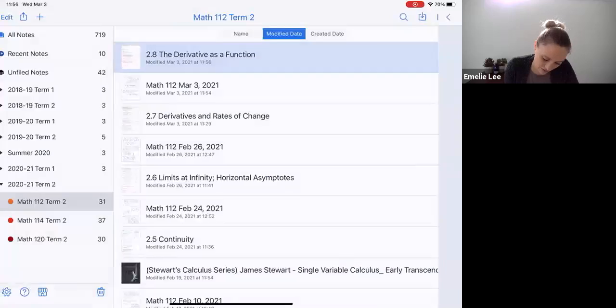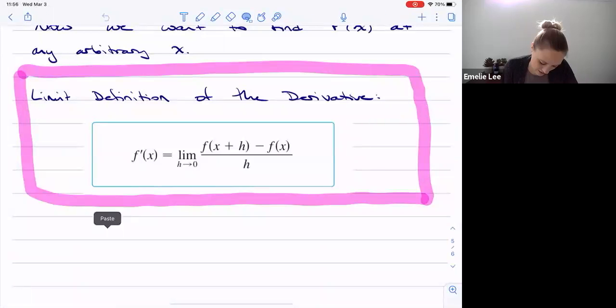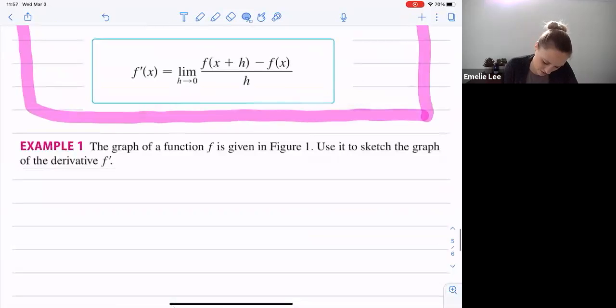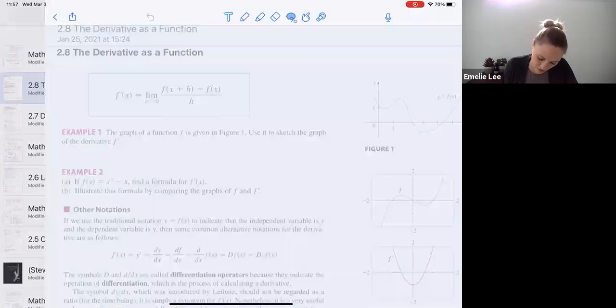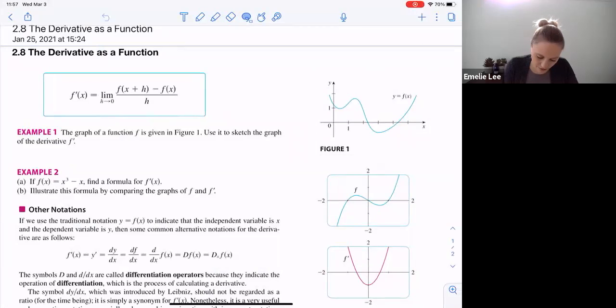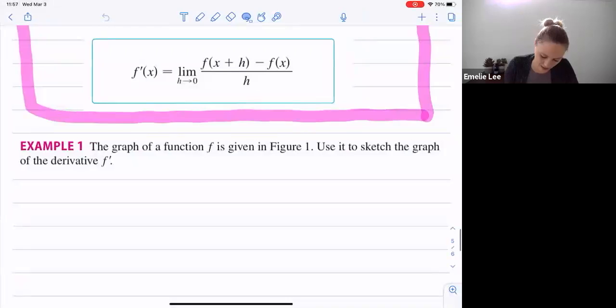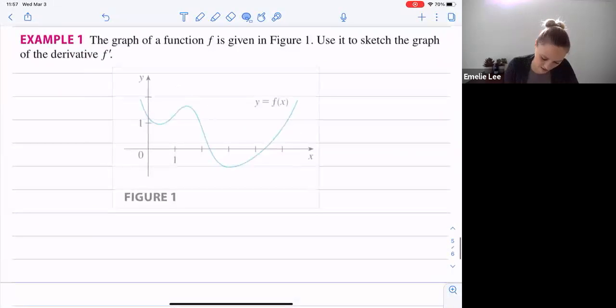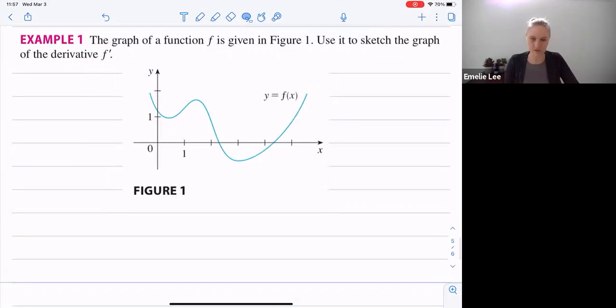So I'm going to bring in the graph, because we need that. Your graph doesn't need to look exactly like this if you're sketching it out, but this is the one I'm going to be using.